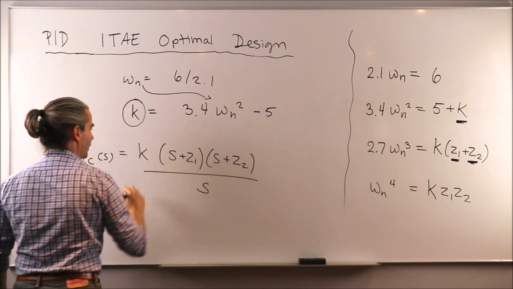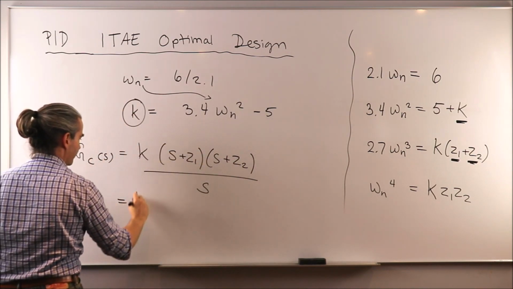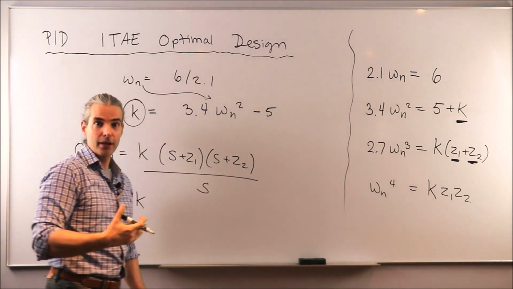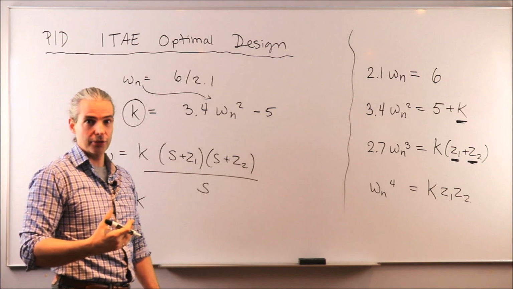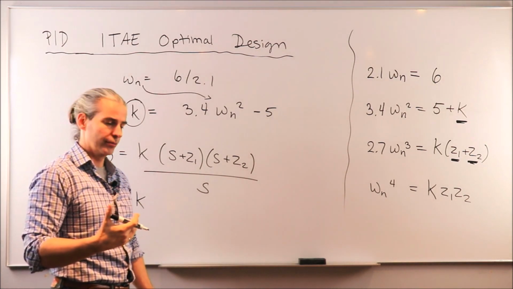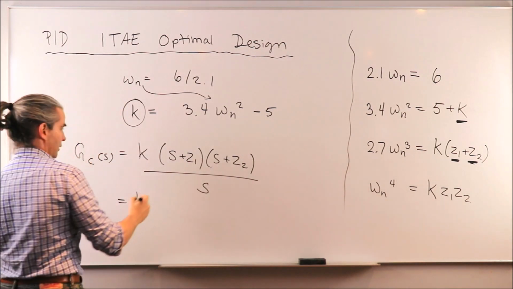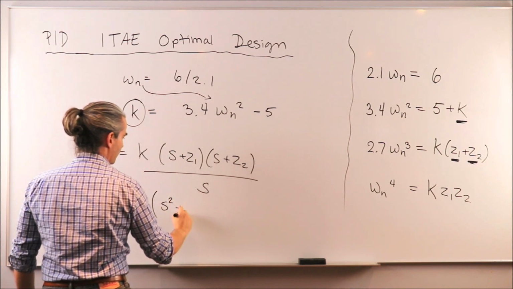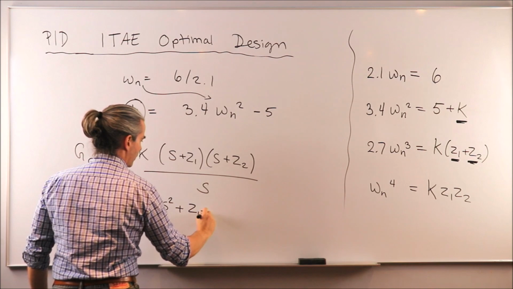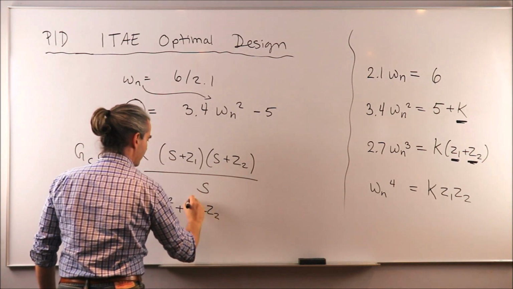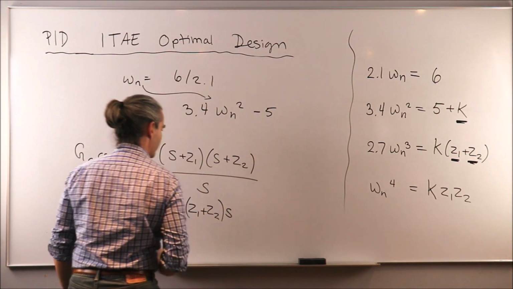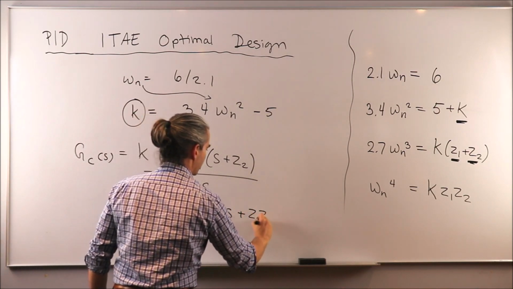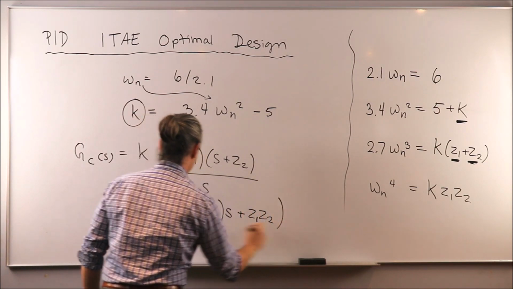But if you multiply those two parentheses together, and anyway you'll have to do it in order to implement this in Matlab, because again, Matlab takes transfer functions in terms of polynomials. So it's going to be k times s squared plus z1 plus z2, both multiplying s like that, plus z1 times z2.